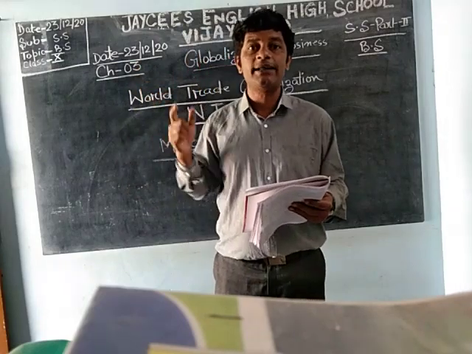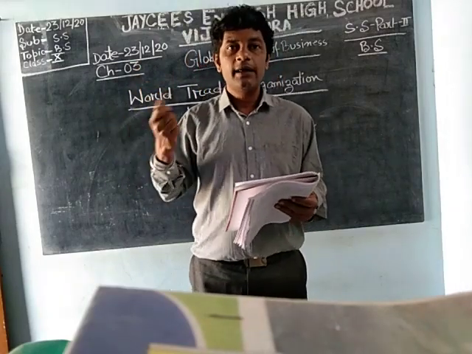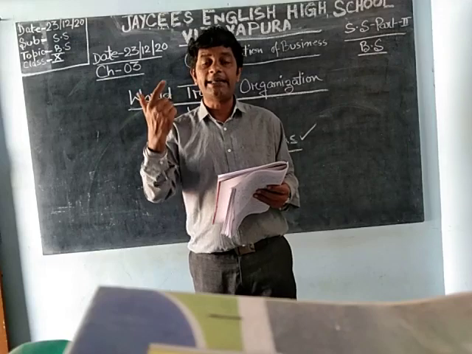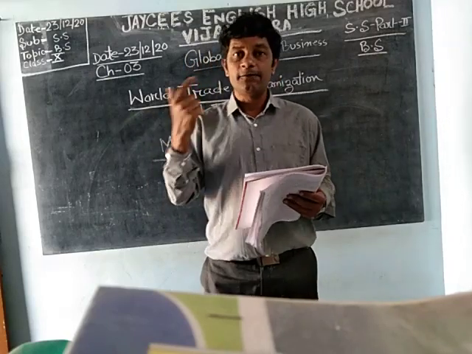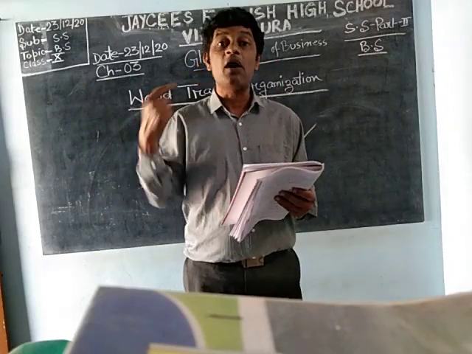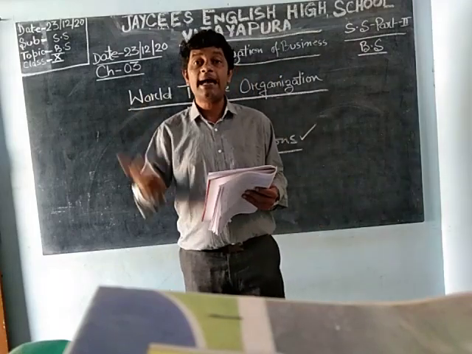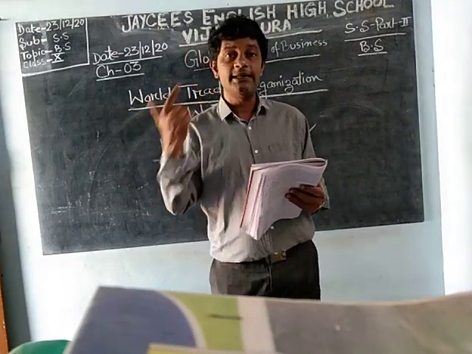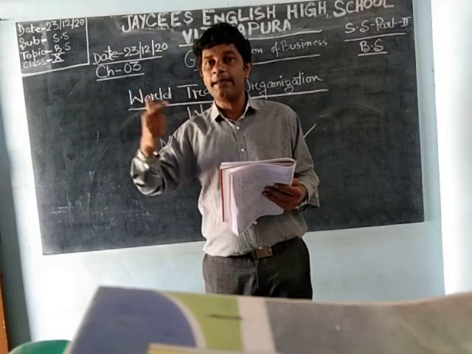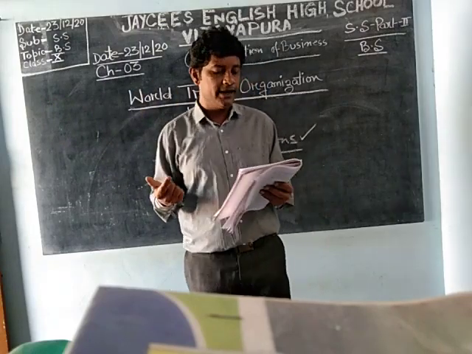Transparency will be there, nobody should get hurt. If somebody is giving a suggestion, they will take that suggestion, and if it is fruitful, they will apply it. If it is not fruitful, they will tell that if we impose this suggestion, there will be a problem like this. So transparency must be there.